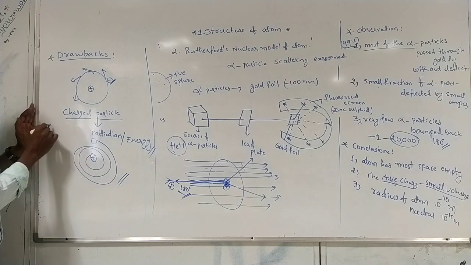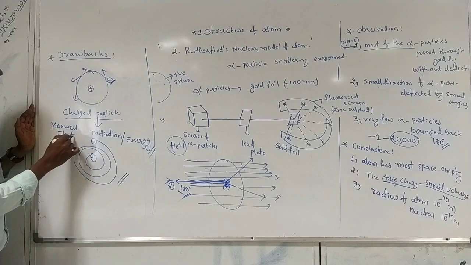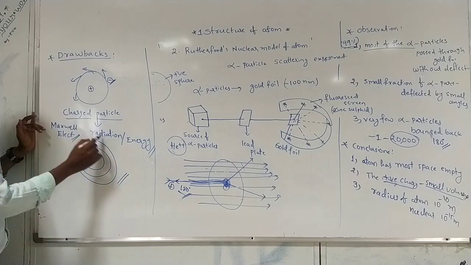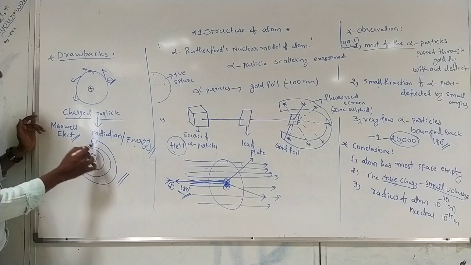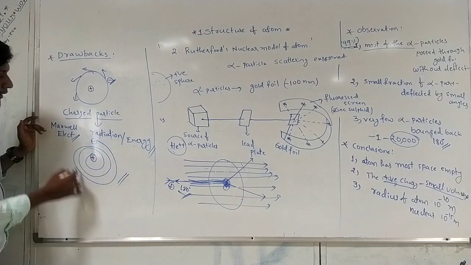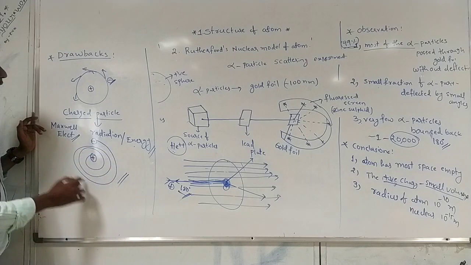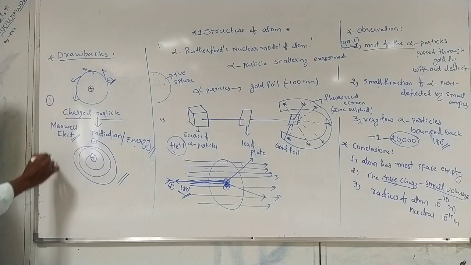According to Maxwell's electromagnetic theory, any charged particle undergoing acceleration emits radiation, loses energy, and will fall into the nucleus. The orbit would shrink, but that does not happen. This is the first one.